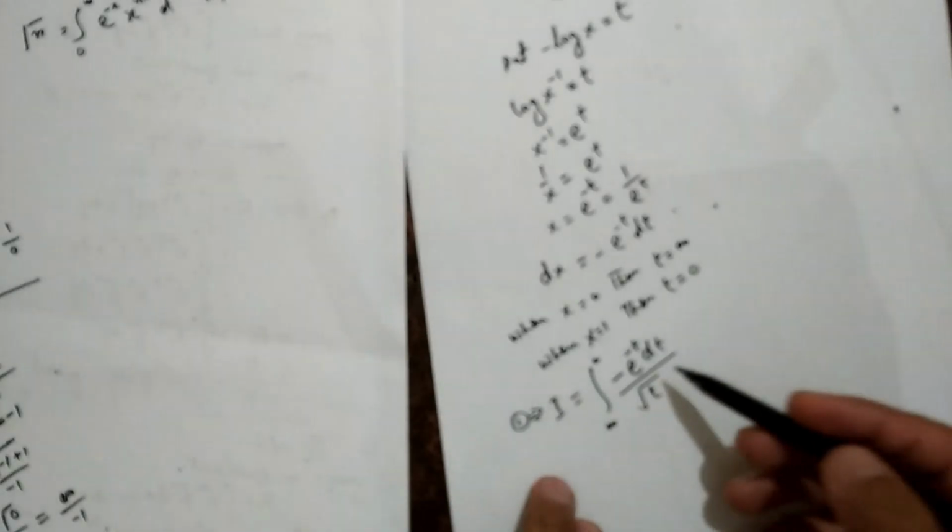So from equation number 1, I is equal to the integral from infinity to 0 of e to the power minus t, times t to the power negative half, dt, because we have put dx, which is minus e to the power minus t dt, and negative log of x is equal to t. So bring this t in the denominator, and this negative sign will change the limits.